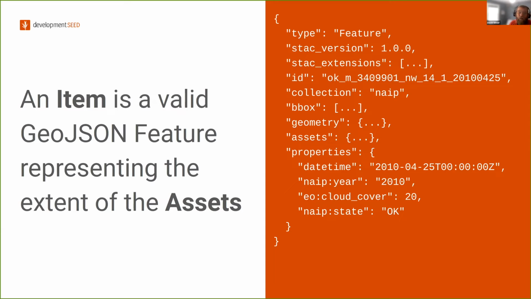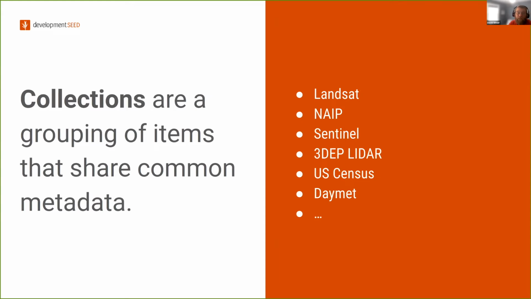And then your items are grouped into collections. Collections are groupings of items that share common metadata. So you may have a collection that was Landsat, where each item was a Landsat scene from a particular window on a particular flight.